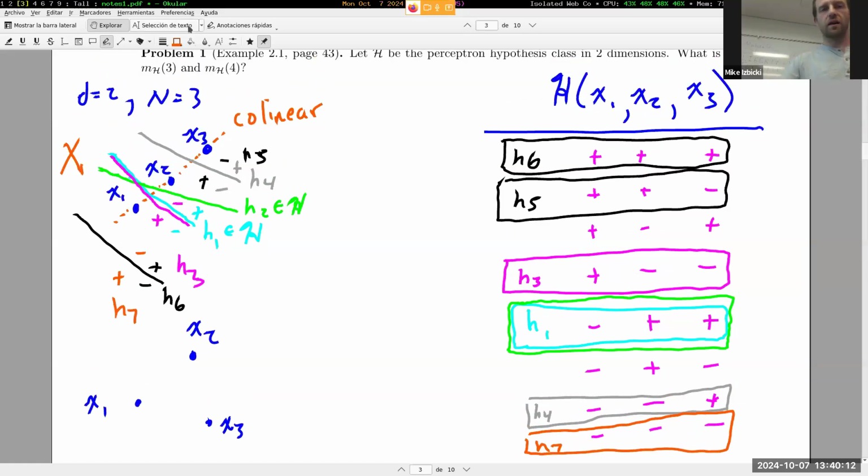In this case, for this particular data set on the left-hand side, where the data points are collinear, it is impossible to get these 2 values right here.